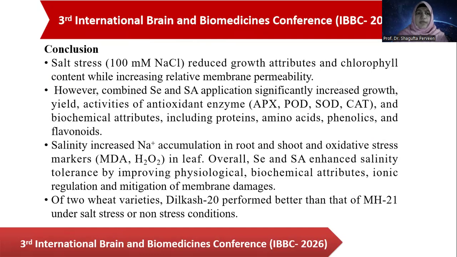Salt stress increased sodium accumulation in root and shoot and oxidative stress markers like malondialdehyde and hydrogen peroxide in leaf. Overall, selenium and salicylic acid enhanced salinity tolerance by improving physiological and biochemical attributes, ionic regulation, and mitigation of membrane damage. Of two wheat varieties, Dilkash 20 performed better than MH21 under salt stress or non-stress conditions.